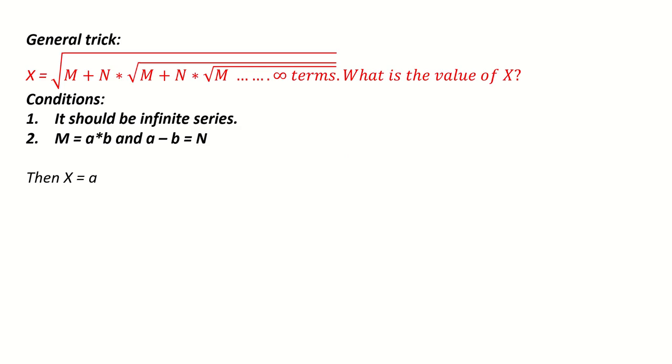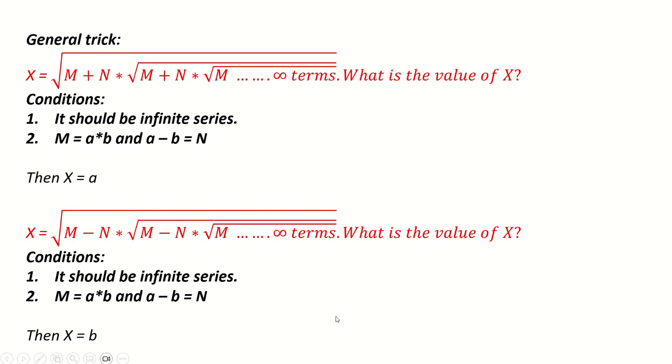So if I rewrite the general trick: x equal to square root of m plus n into square root of m plus n into square root of m, infinite terms like this. The conditions are that it should be an infinite series, and m should have two factors a into b such that a minus b equal to n. In that case the answer is a, because it's a positive series; a is greater than b, so you take the bigger value.